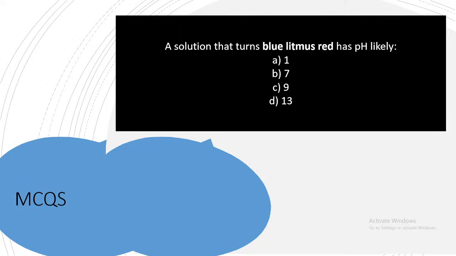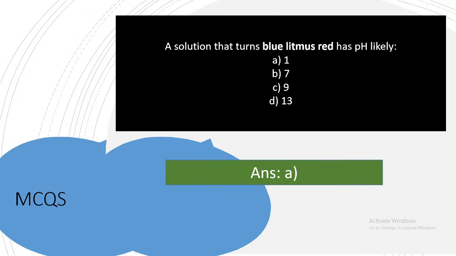Okay, we have maximum A's. So yes, A is the correct answer. That is only when it is an acidic solution. Acidic solution means less than 7. So we have option A, 1. That will be the correct option.